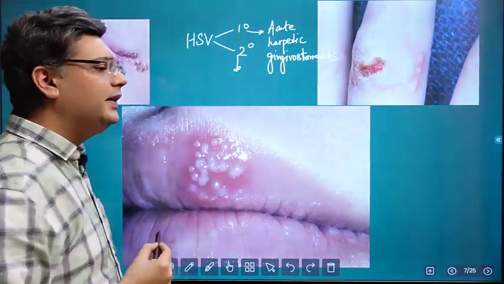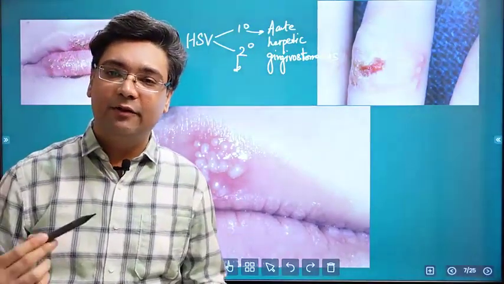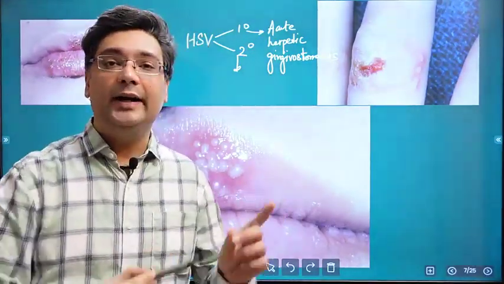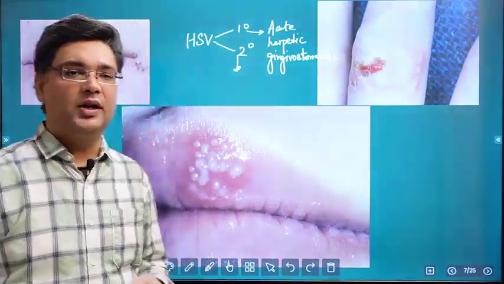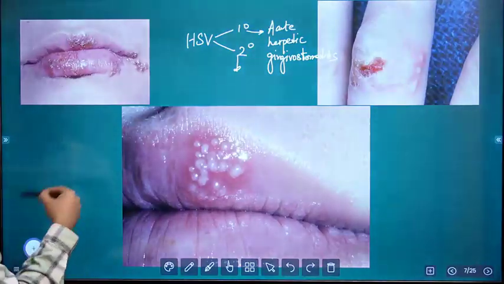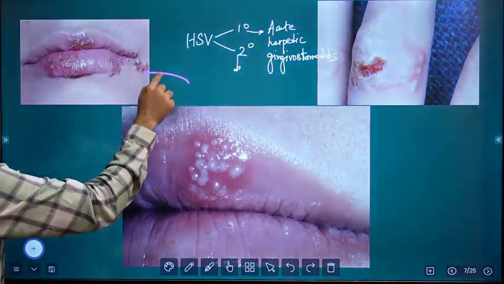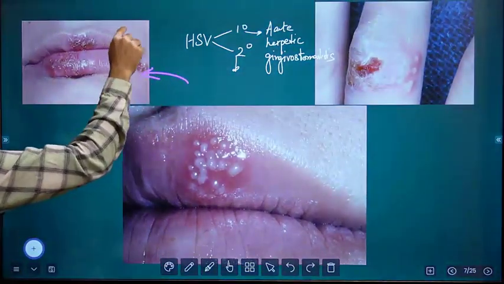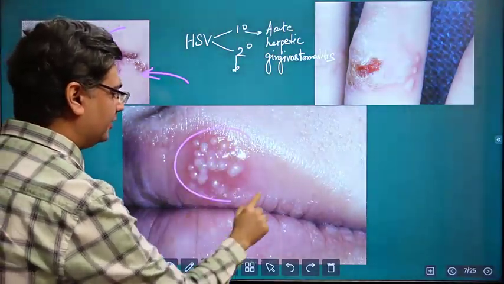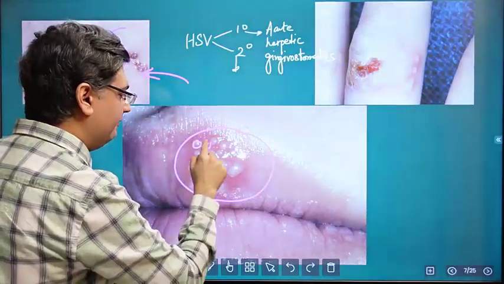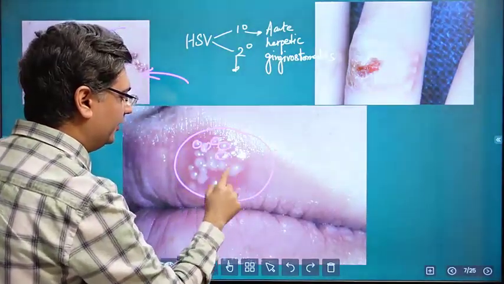Sometimes there is the reactivation of this virus. The virus travels down and it can result in the reactivation or secondary conditions. Sometimes this can be seen on the lips. So you can see plenty of vesicles here on the lips. In fact, we have magnified here so that you can see multiple vesicles present on the lip.